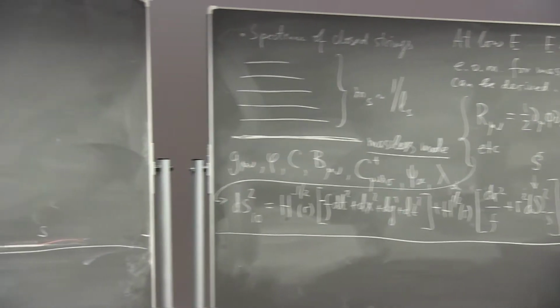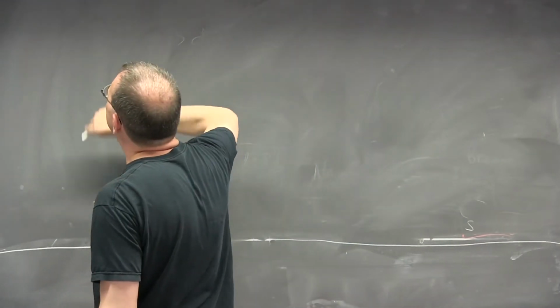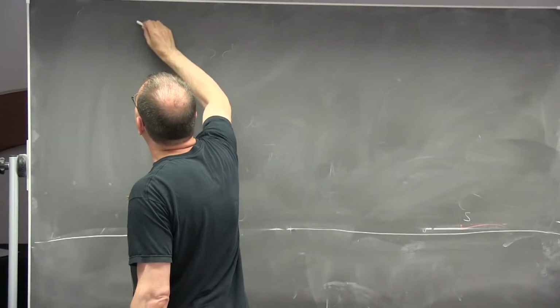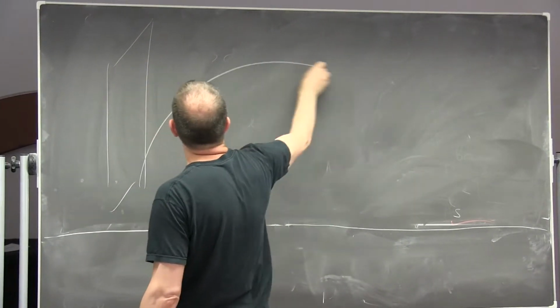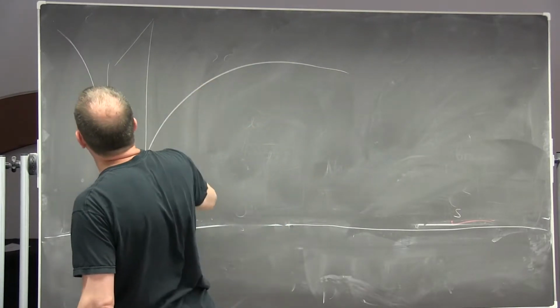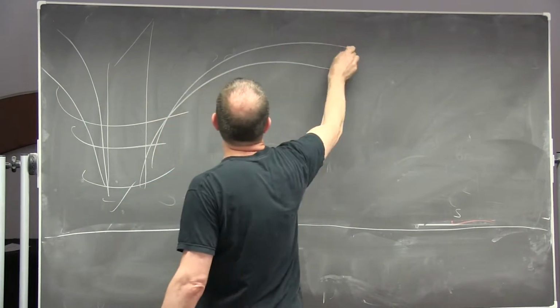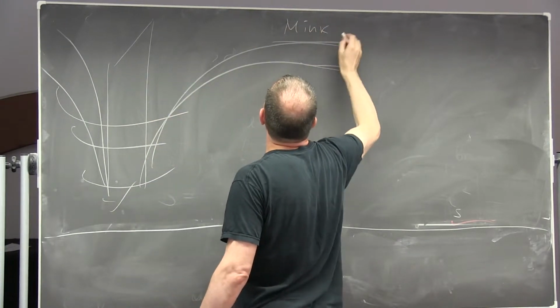Again, if you put f to 1, you have some solution with this Poincare invariance. And then there is some curvature involved, and the solution goes to flat Minkowski space far at infinity.